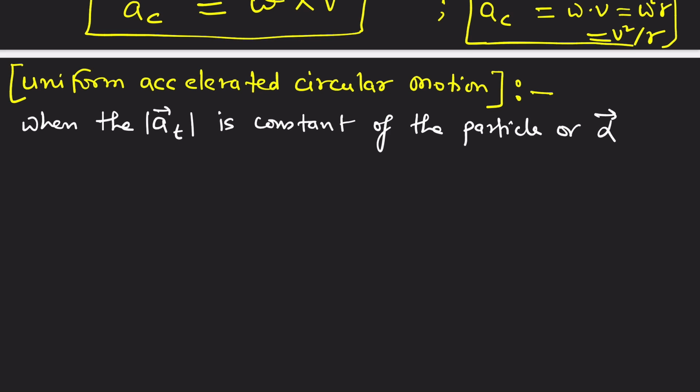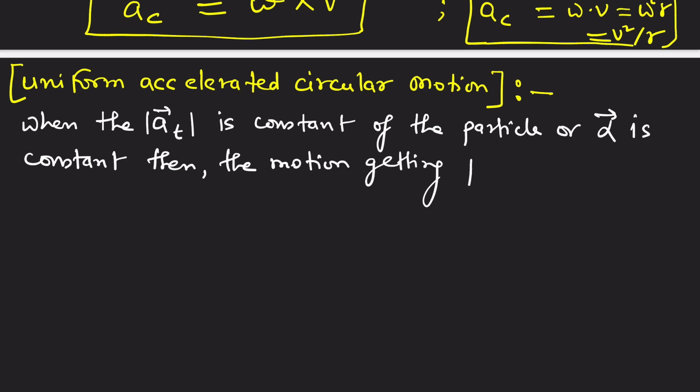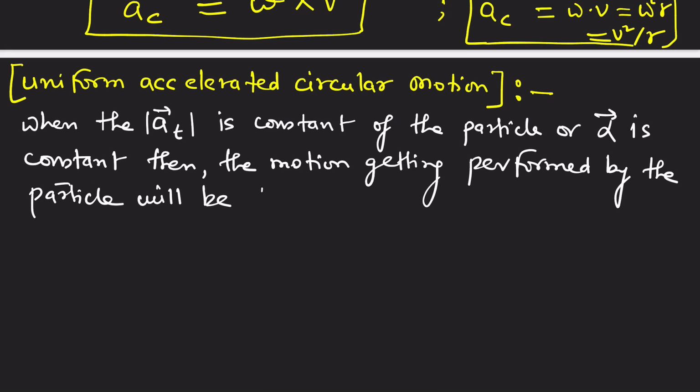So when the A tangential is constant for the particle or alpha is constant, then the motion getting performed by the particle will be treated as uniform accelerated circular motion.